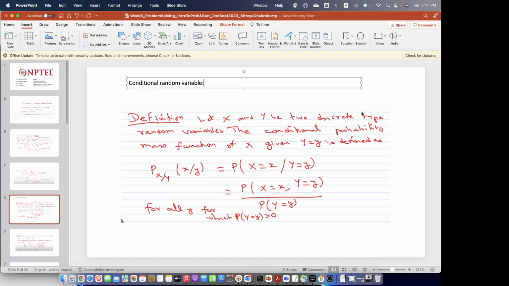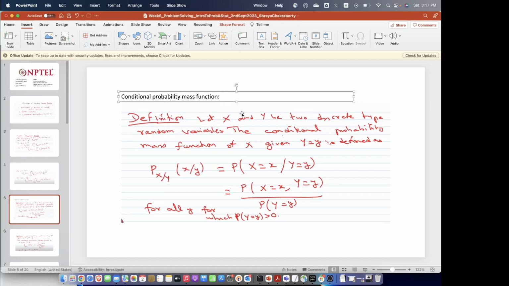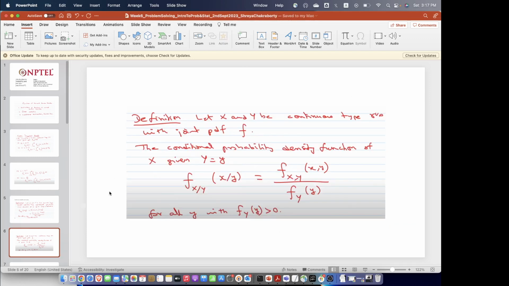So X given Y would be the intersection of X and Y divided by the probability of Y. This is not a conditional random variable, this is the conditional probability mass function. Okay, so we can write it in this form.